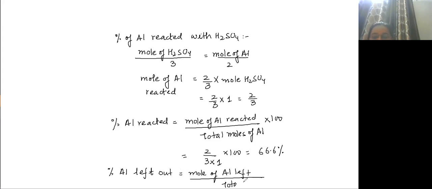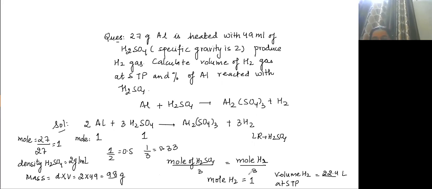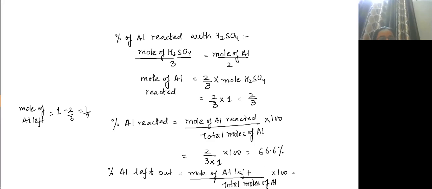Moles of Al left will be equal to total moles, that is 1, minus reacting, 2 by 3. So that is 1 by 3 into 1 into 100, that is 33.33%.